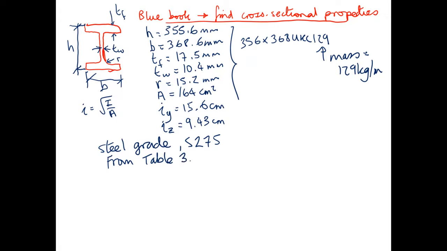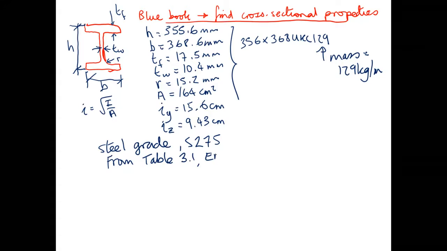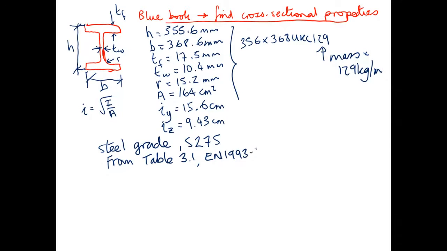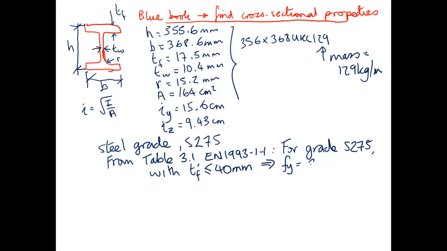from table 3.1 within EN 1993 part 1, that will tell us that for grade S275 with the thickness of the flange less than or equal to 40 millimeters, the yield strength is equal to 275 newtons per millimeter squared.